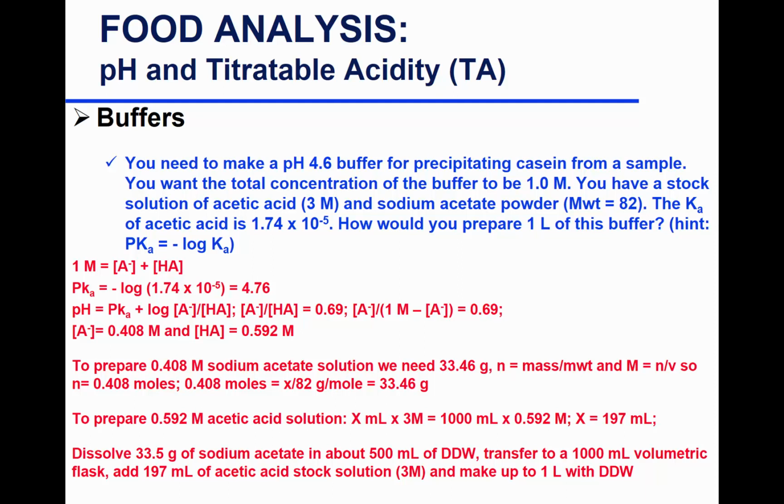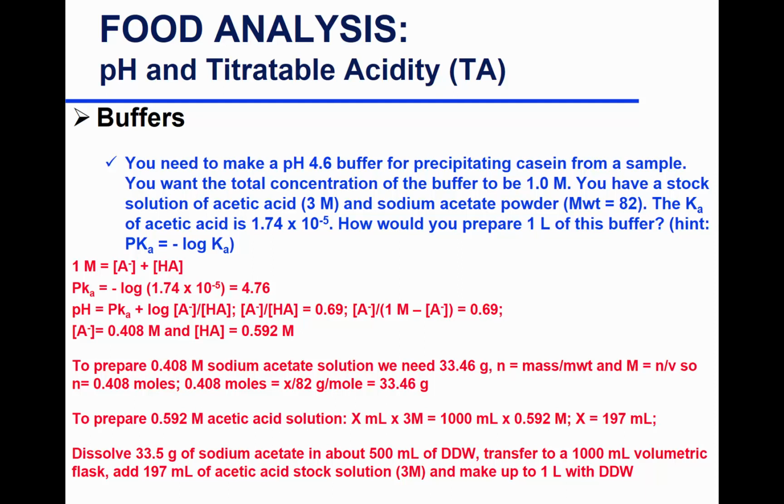First of all, I need to get the pKa. I have the dissociation factor. pKa is negative log the dissociation factor. So pKa will be equal to 4.76. You just use your calculator to get that number.